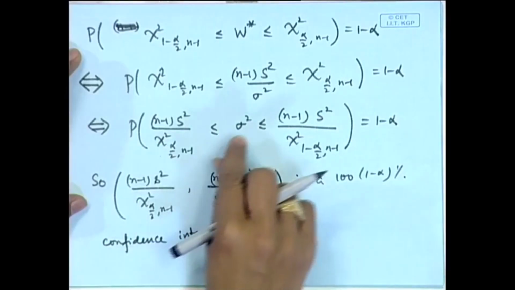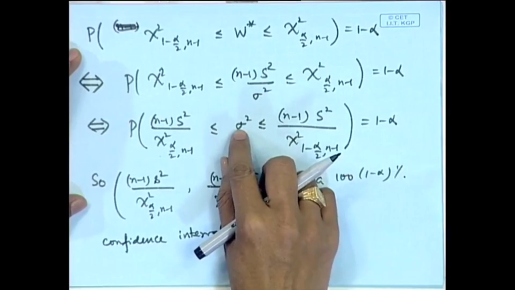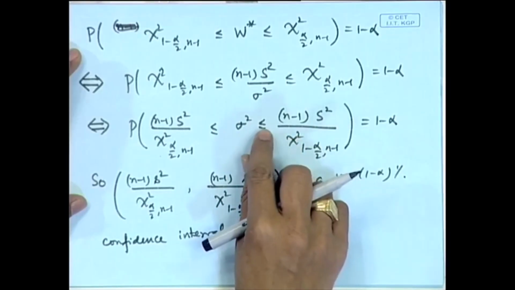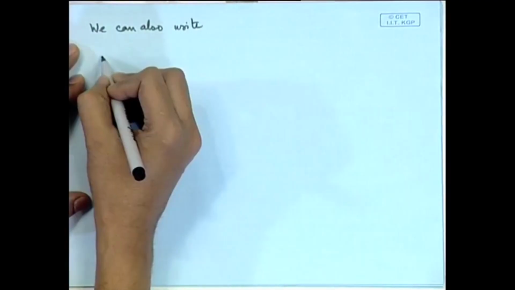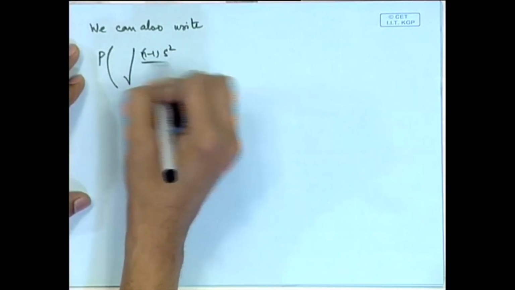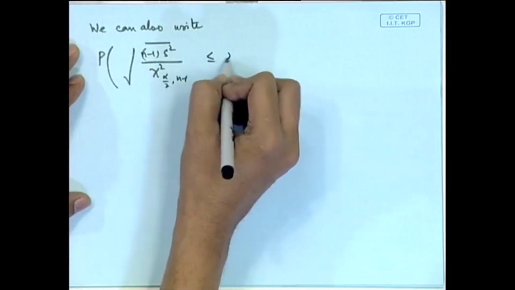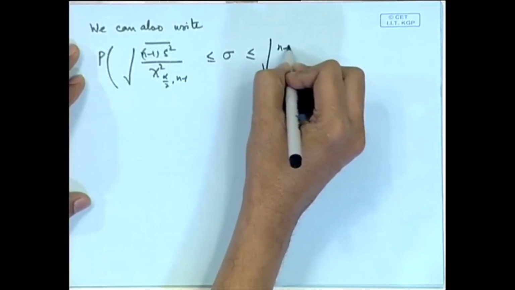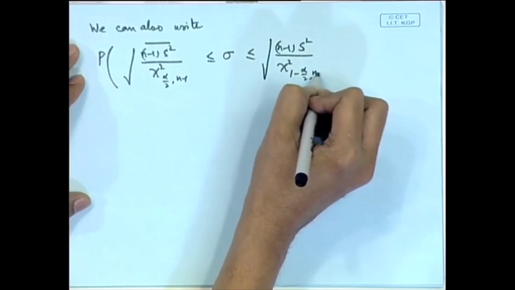Once again you observe here that we may take the square root of the statements here, and then we get a confidence interval for sigma also. So, we can also write probability of square root n minus 1 s square by chi square alpha by 2 n minus 1 less than or equal to sigma less than or equal to root n minus 1 s square by chi square 1 minus alpha by 2 n minus 1.